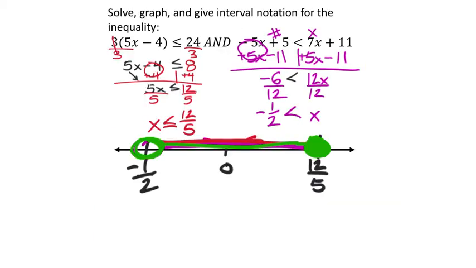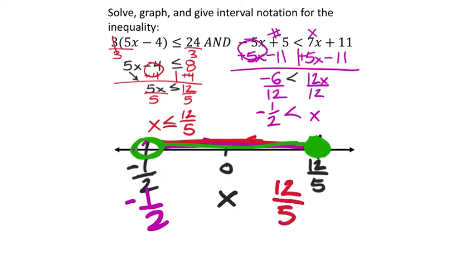All right, so on this next part, I got the graph in green, but neither one of those inequalities is going to work. And you could say, well, couldn't we just put an and statement between them? No, this is where we need that compound inequality, right? So we're looking at an x value. See how it's sandwiched between negative 1/2 right there and also the 12/5 here on the right.